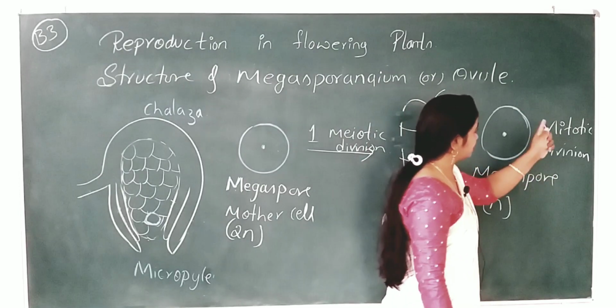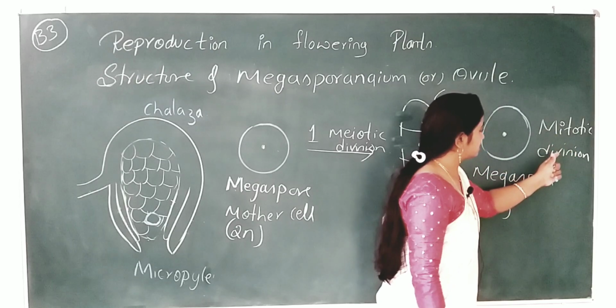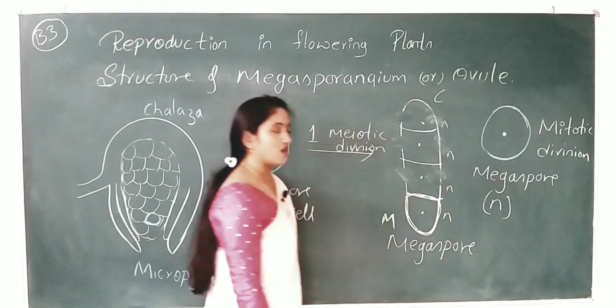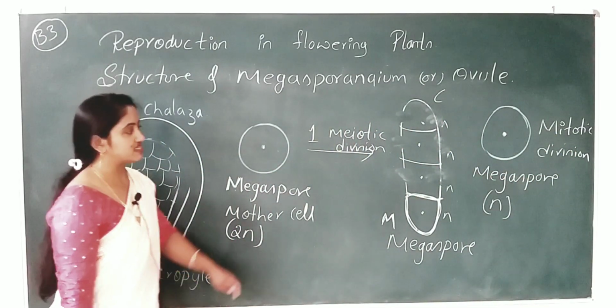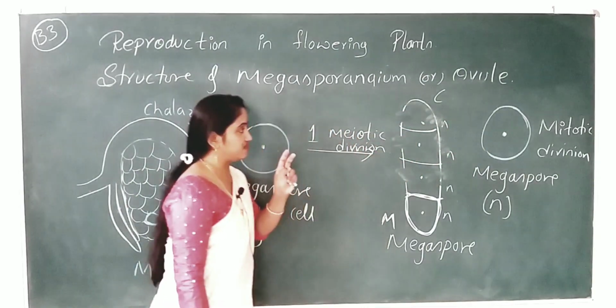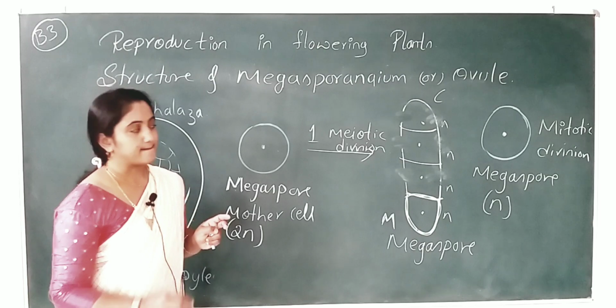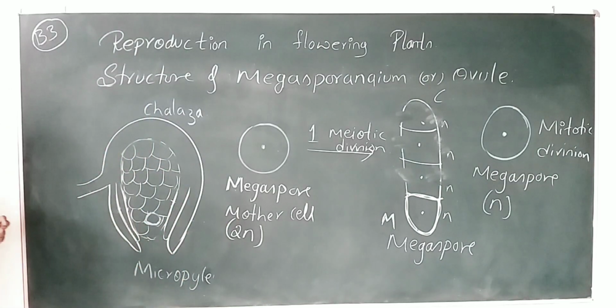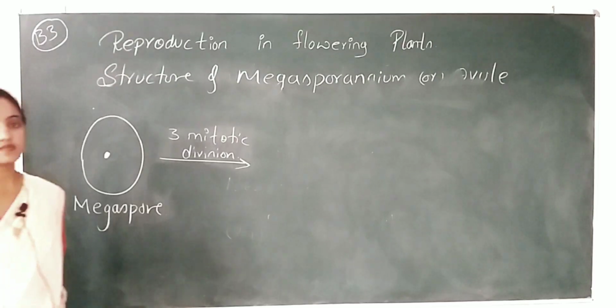That division is known as mitotic division. How many mitotic divisions take place in the megaspore? There are 3. There are 3 mitotic divisions in the megaspore.